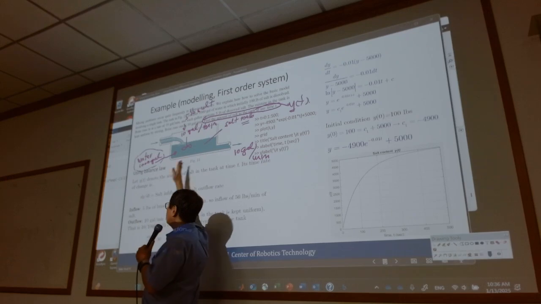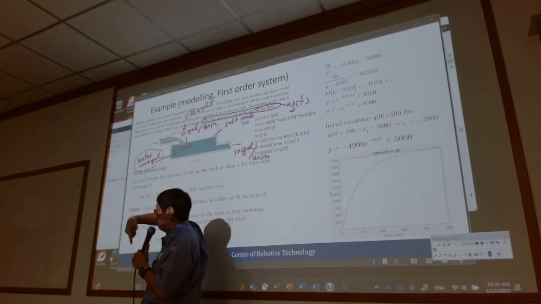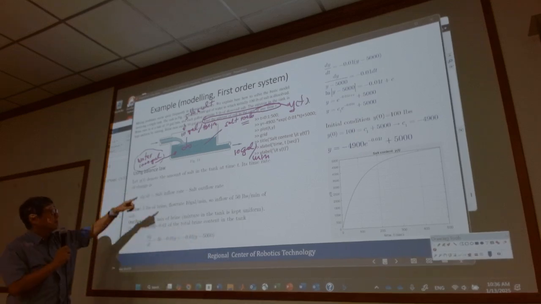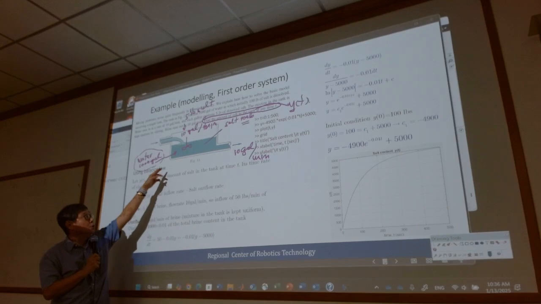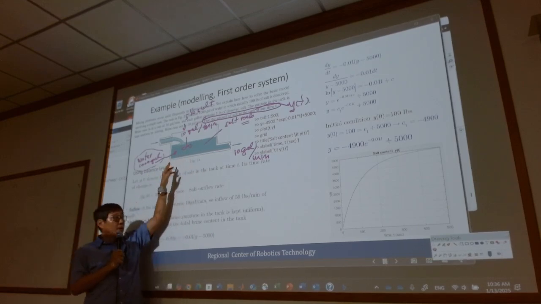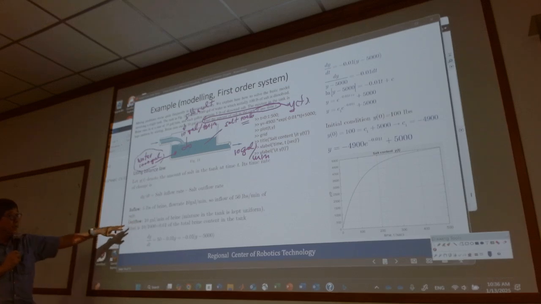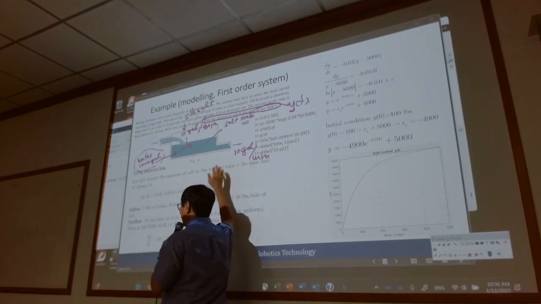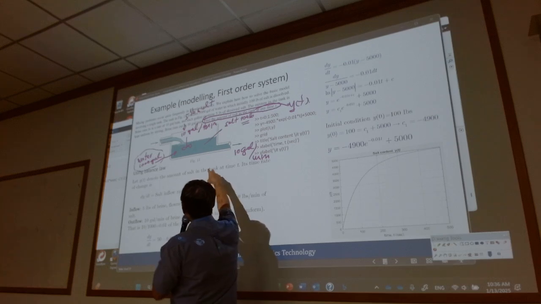Uniform, the same throughout. We have some accident, but that makes the salt uniform. So 10 gallons per minute.